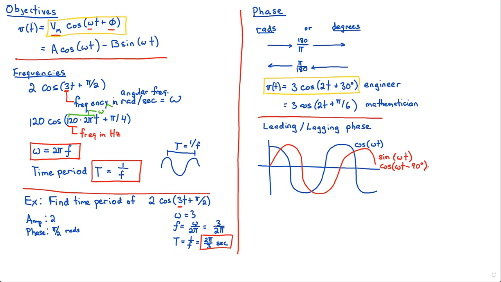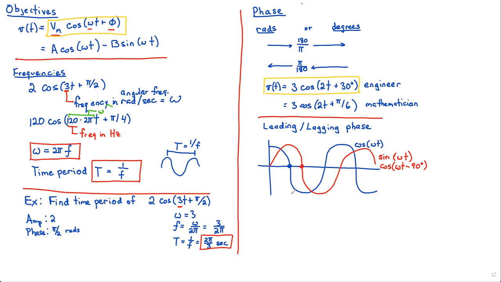So here's how to think of it. Take a look at where the waveform in question hits a 0 point. Take a look at where our reference hits a 0 point. Do you see how it took a little bit of time delay for our waveform in question to hit the 0 point? It was a lag in time that it took our waveform in question to hit that 0 point after our reference waveform hit that 0 point.